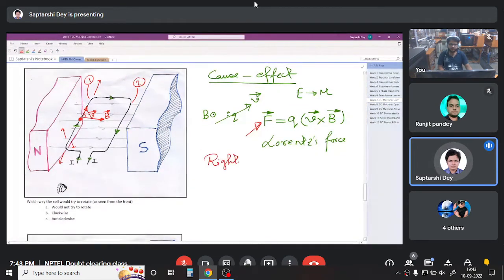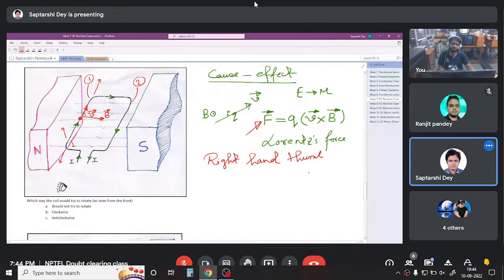I hope you did not forget the right hand thumb rule. See, without this, reading electric machines is pointless.